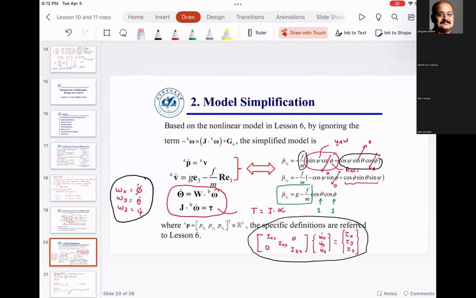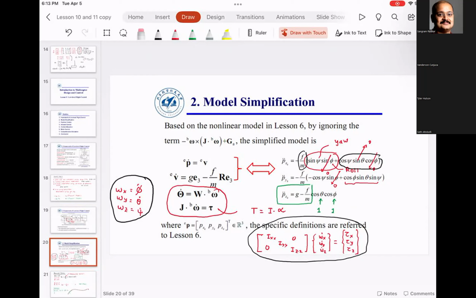One thing that we talked about is how we achieve the translation of Mambo or a quadcopter. Since it's an under-actuated system, you have to either pitch it or roll it to achieve the translation in the respective direction. For example, if you want your Mambo to go in the positive X direction, you would want to pitch it down and then it will go forward.